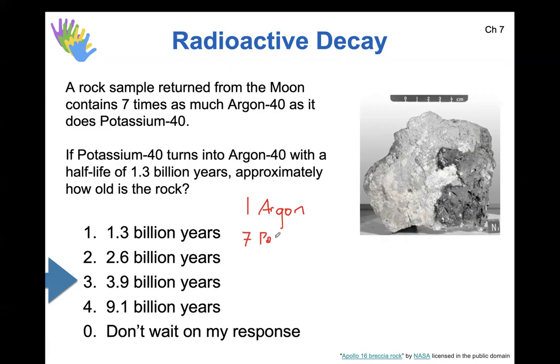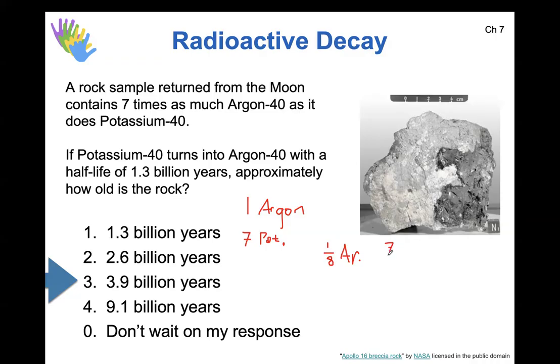I'll check the chat in a second. So we'll say POT. So then the total in this case, whatever each chunk is, would be 8. So in other words, we could say that 1/8 is argon, AR, and then potassium would be 7/8.